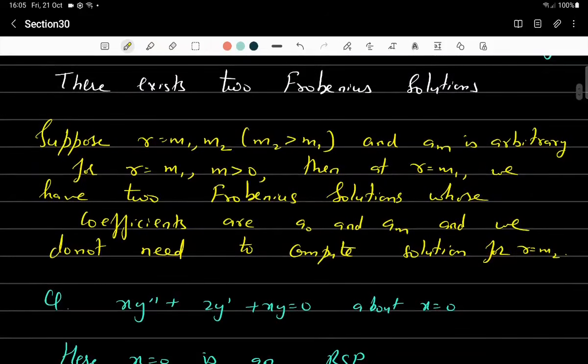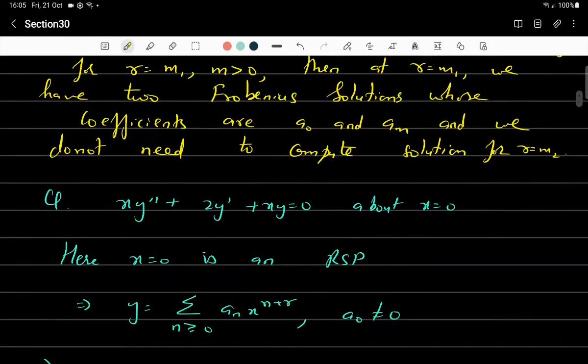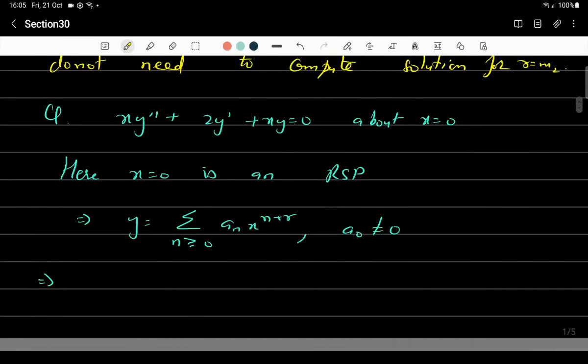Let's assume that we need to find the Frobenius series solution for x y double dash plus 2 y dash plus x y equal to 0 about x equal to 0. Clearly x equal to 0 is a regular singular point, and we can write down y.